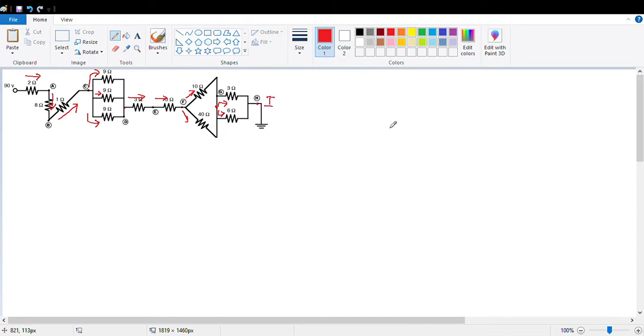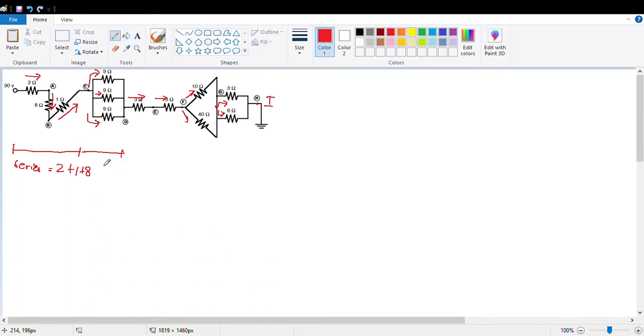So how to find it? From this section until this section, they are in series, so just add them: 2 plus 1 plus 8. But here, C and D are in parallel. So how to do it?